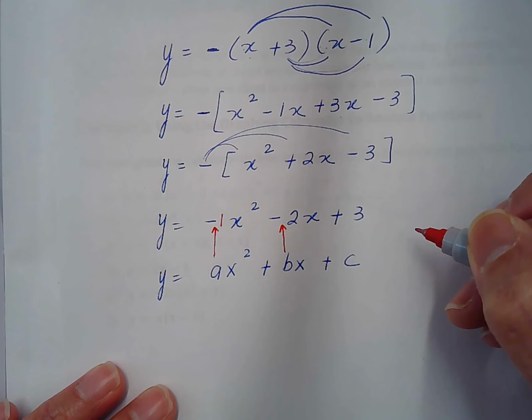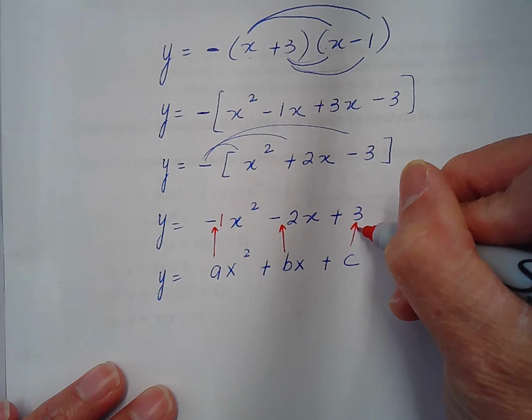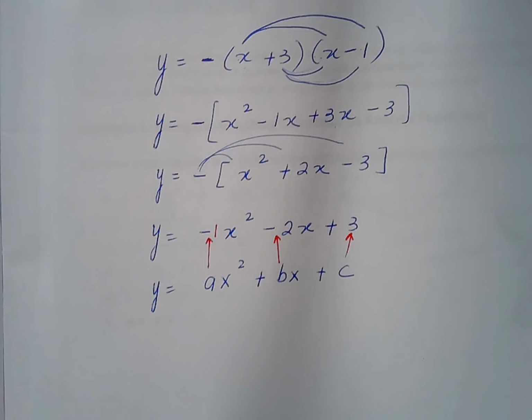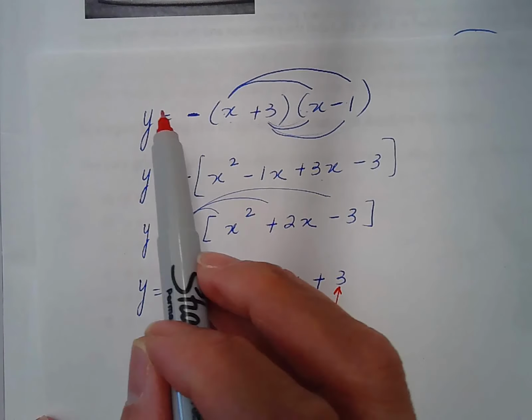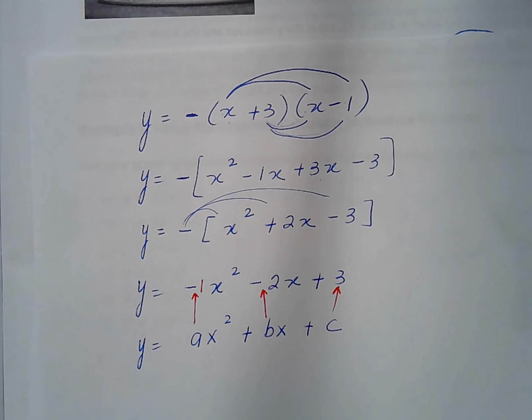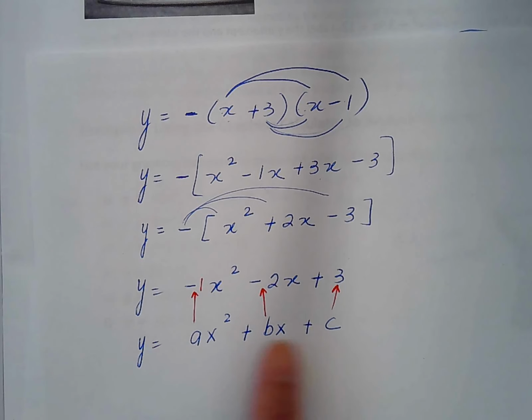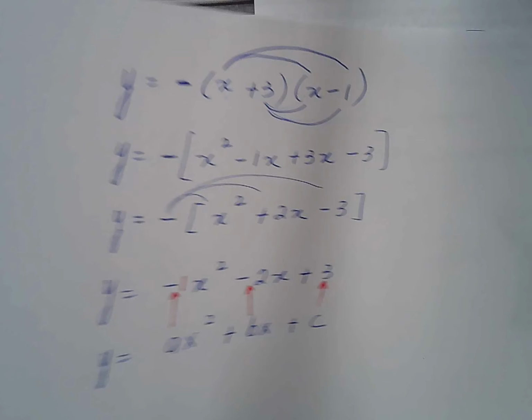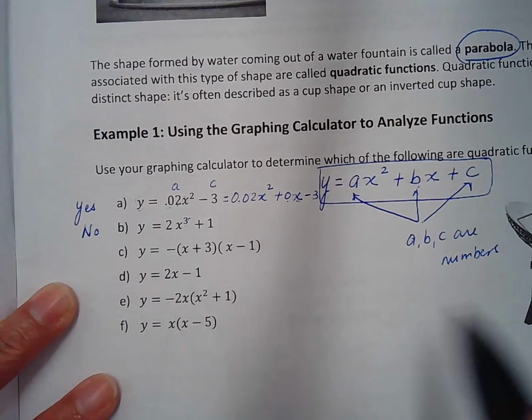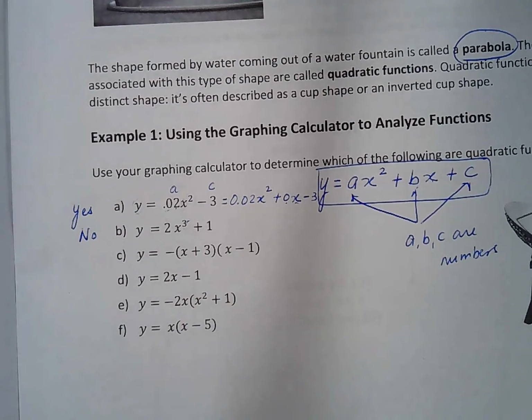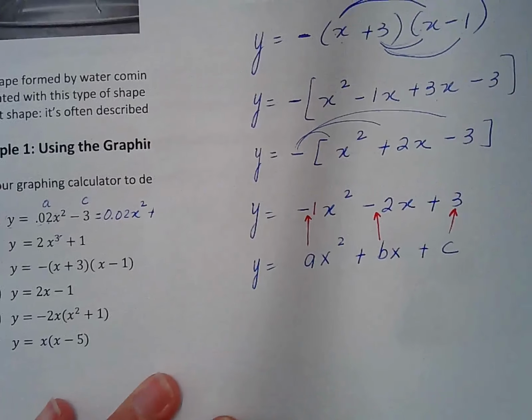And then the c value is 3. So even though it kind of looks like this, there's a way for us to expand and make it look like that. Okay? You're not expected to do that in this course, but I thought I'd show it to you. So that is a yes.